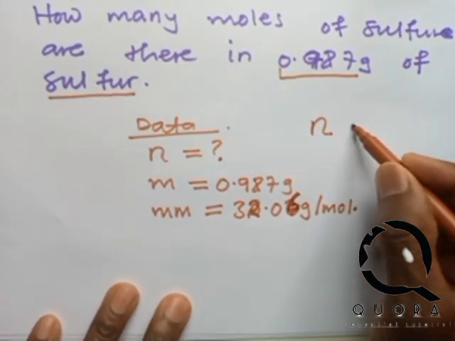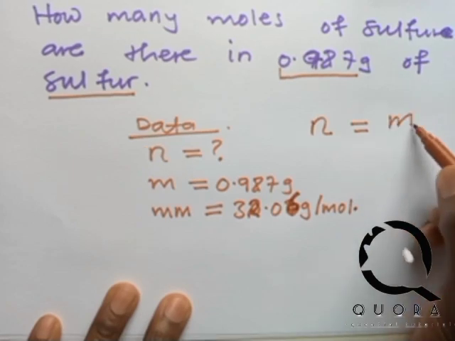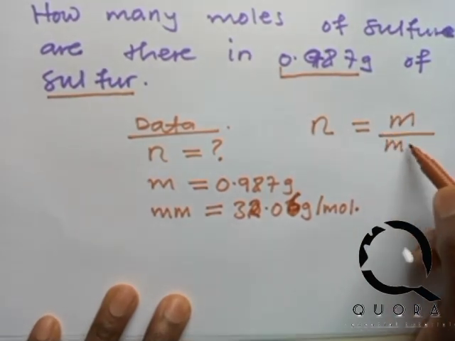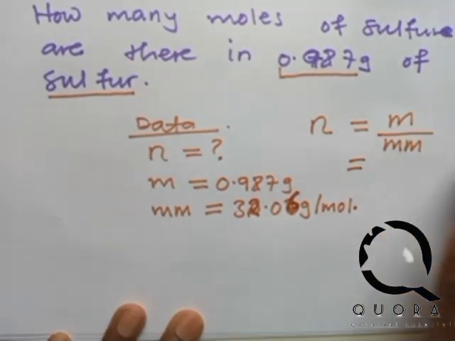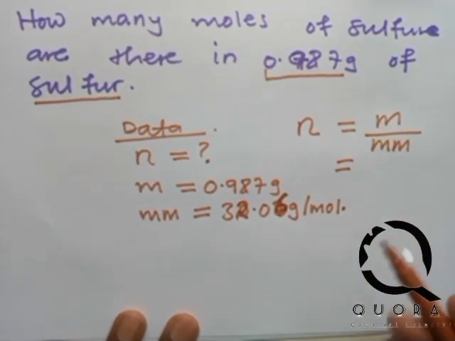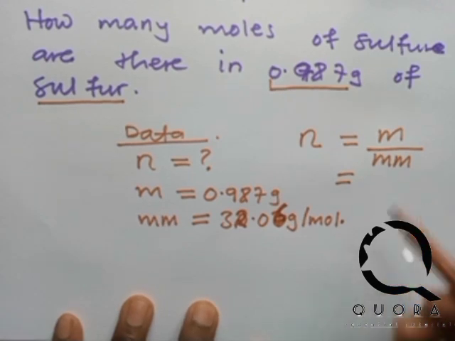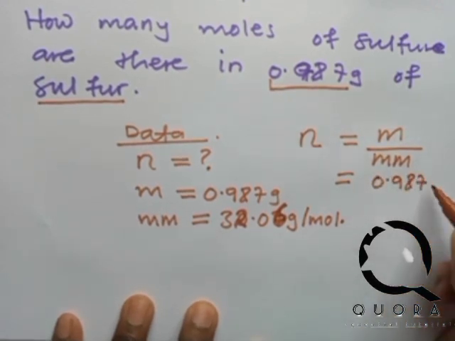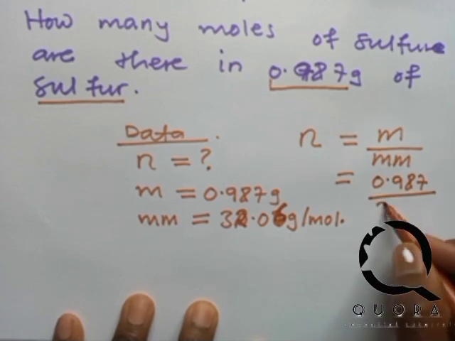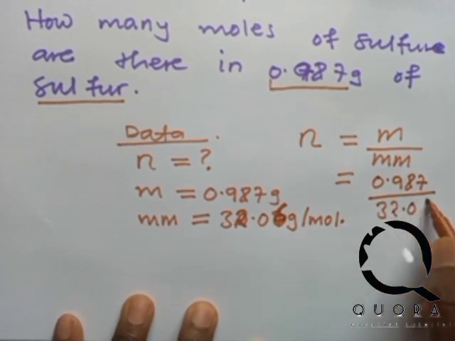To calculate the number of moles, we are going to use the same formula: n is equal to mass over molar mass. The mass given in the question is 0.987, and I will divide this by 32.06.